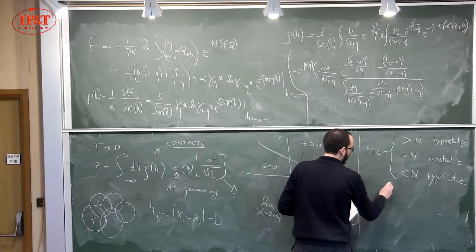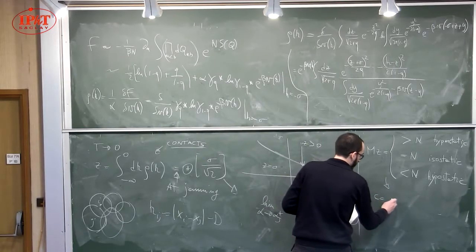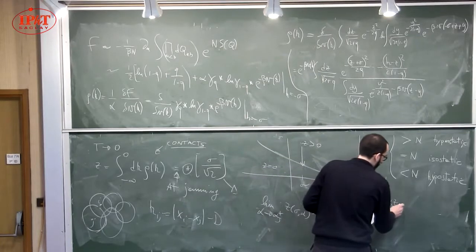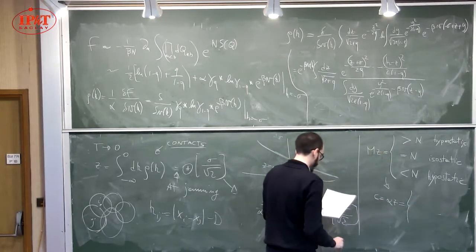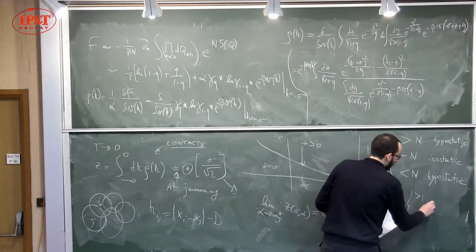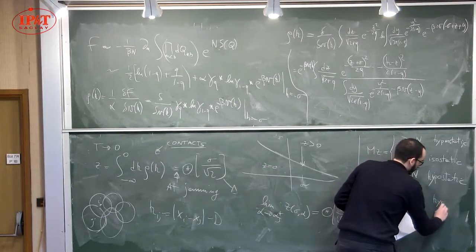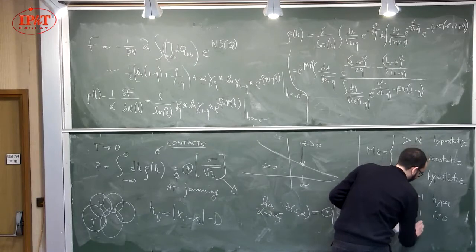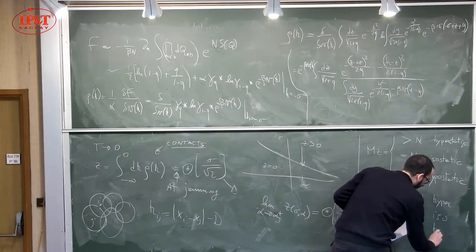So you can define C, that is alpha times z, and this is greater than 1 if you are hyperstatic, equal to 1 if you are isostatic, or less than 1 if you are hypostatic.